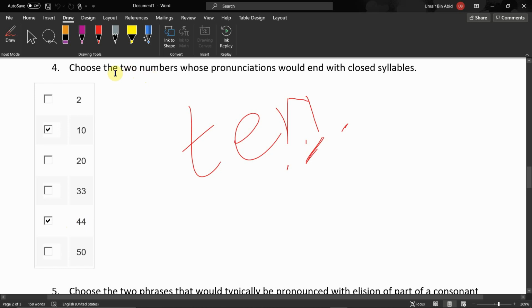But the question asks us to choose two numbers, so it means there must be two options which are correct. So therefore we will say that this is the correct option, because in American English r is always pronounced. So forty-four.